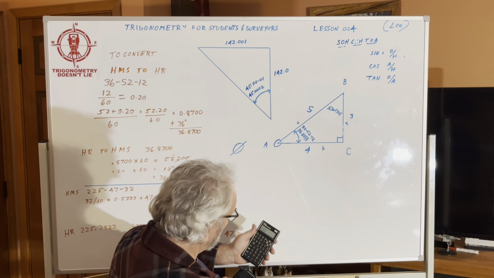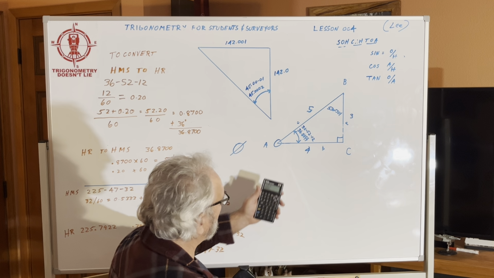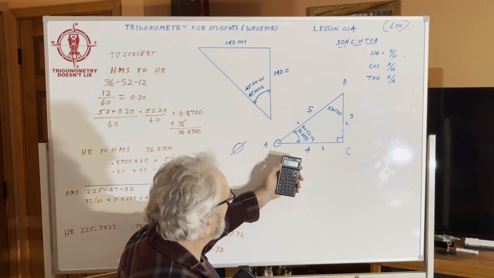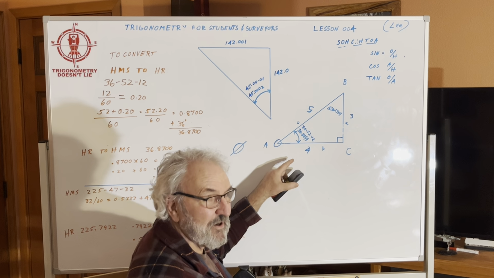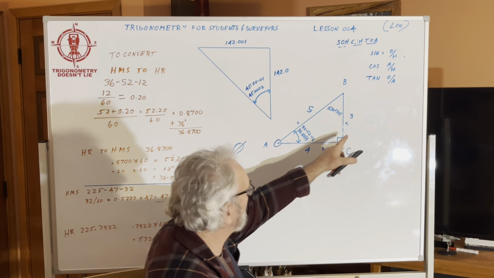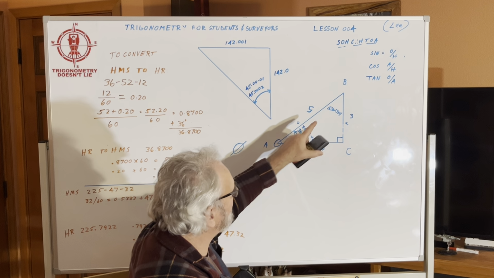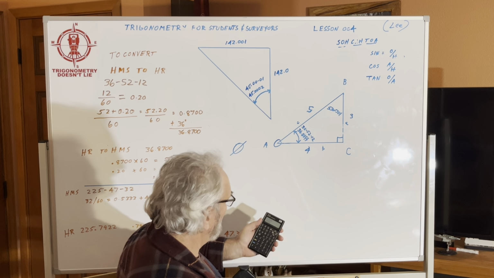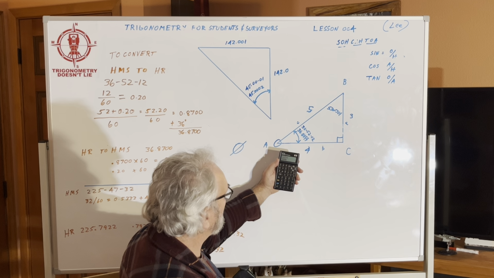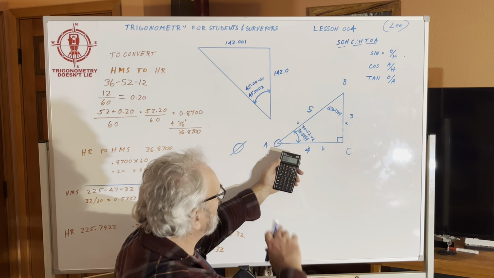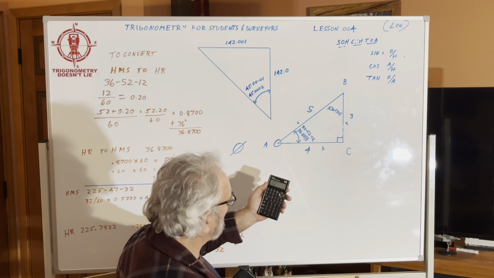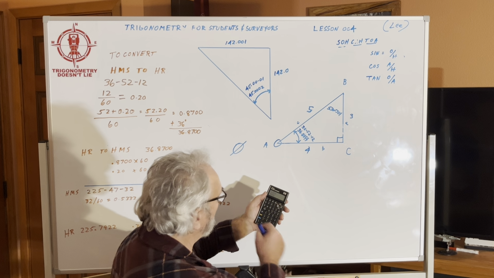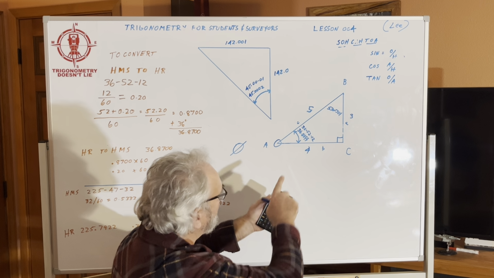That's that ratio, 0.80. We already know that's not going to work because the hypotenuse is always longer than the adjacent or the opposite. The hypotenuse is always the longest side of a triangle, has to be. So that's not going to work, 0.80. If you multiply 4, it would work, or 5 times 4. Because we're looking for 5, we're not looking for 4.